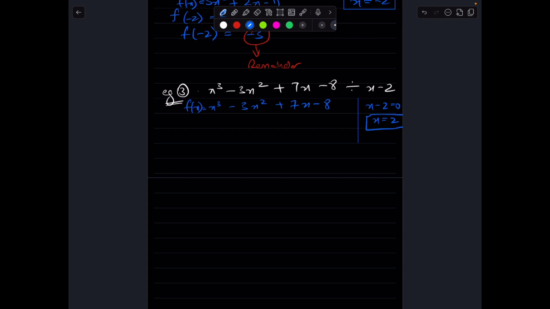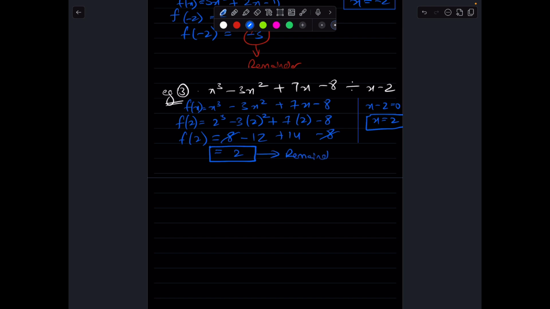We substitute this value of x in the function of x, and the answer hence obtained, let's calculate it. Minus 8 minus 12 plus 14 minus 8. The 8s cancel out and we have, so the answer in this case obtained is 2, and 2 is the remainder.